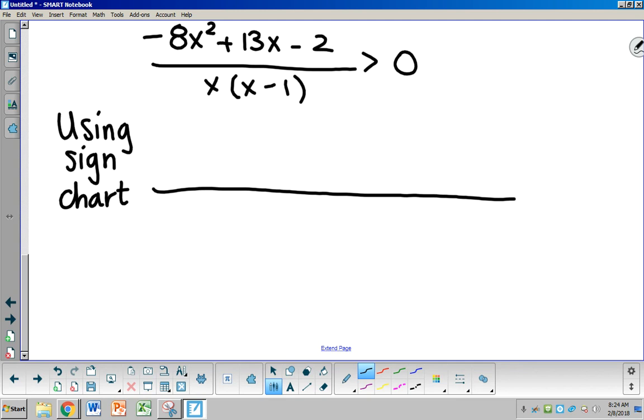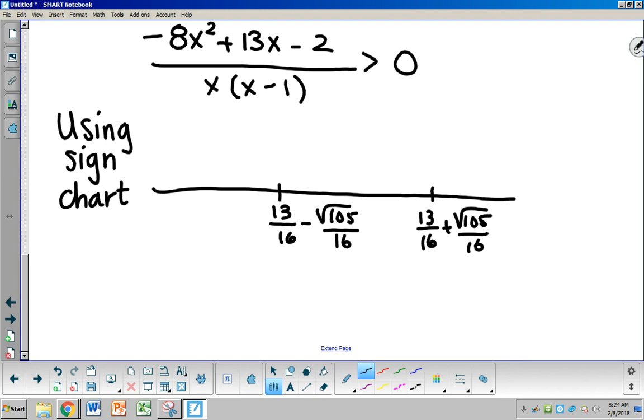Now I'm going to put the zeros of the numerator on my sign chart. Did we figure those out already? We did, didn't we? They're gross. Well, one of them is 13 over 16 minus the square root of 105 over 16. The other one is 13 over 16 plus the square root of 105 over 16.